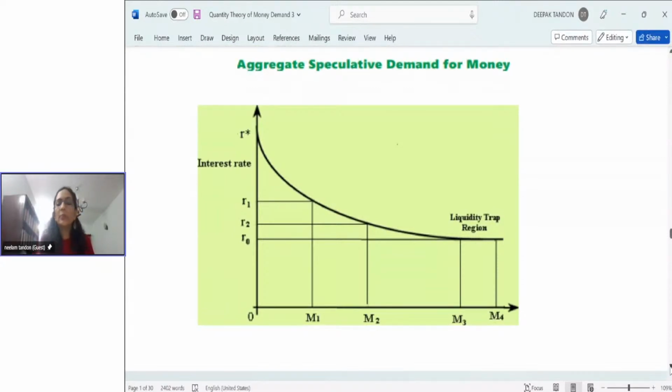And since people were not spending, that means if you do not spend, you do not create demand. You do not create demand, why should the corporate produce? So corporates were not producing, and corporates not producing means they were not investing. Since they were not investing, that means they were not creating jobs. So jobs were not there, investments were not there, consumption was not there, and the economy was suffering.